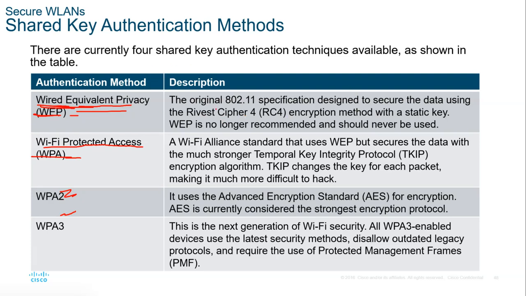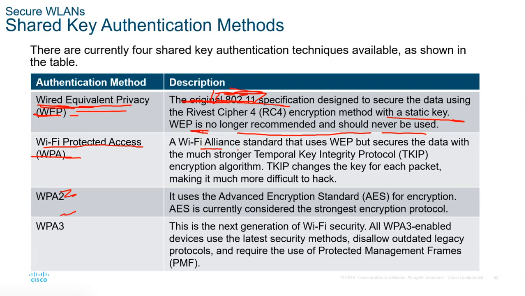WEP originally comes with the original wireless specification, designed to secure data using the RC4 encryption method with a static key. The static key is just there, it won't change, so it is easy for threats to decrypt it. WEP is no longer recommended and should never be used.